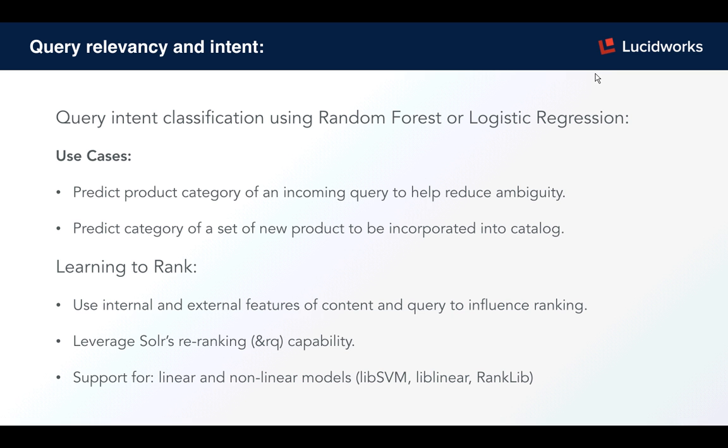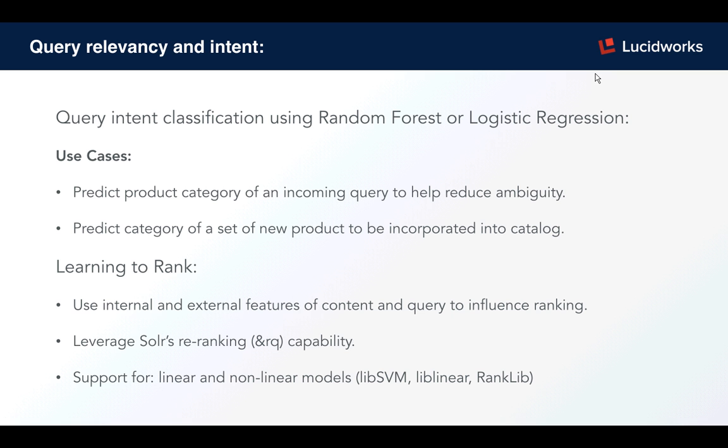A few interesting use cases for this kind of classification model: for example, we can predict the product category of an incoming query to help reduce ambiguity. For example, when users search for the word iPad, it's likely that products such as an iPad case come up even in the top list. If we insert a model which can predict that the query iPad has a high likelihood of relating to products within the electronics category rather than the accessory category, then we can definitely have better, more focused search results. This is an example at query time.